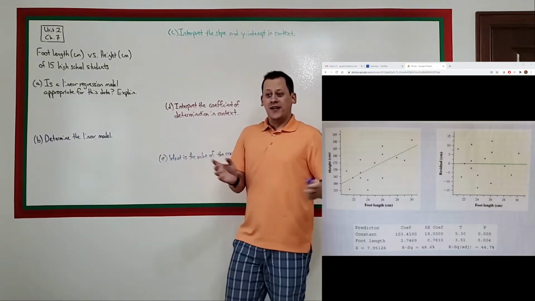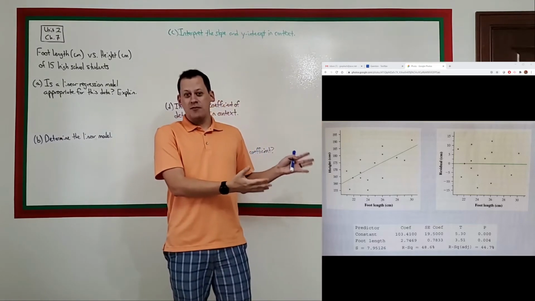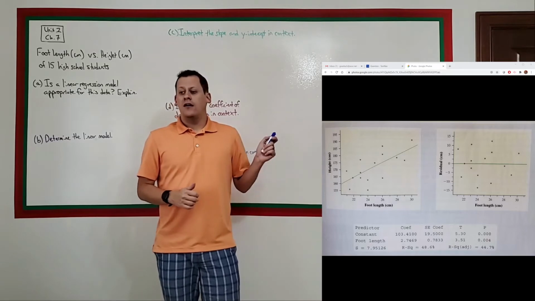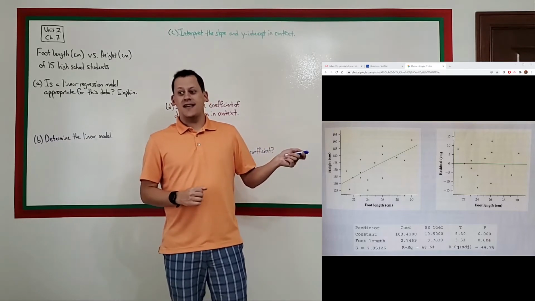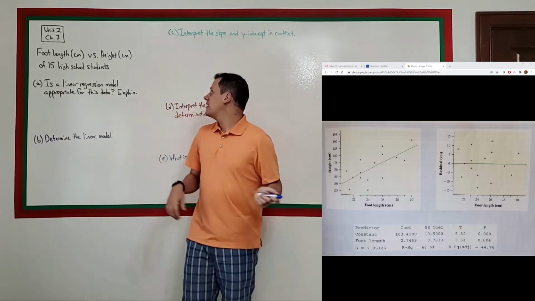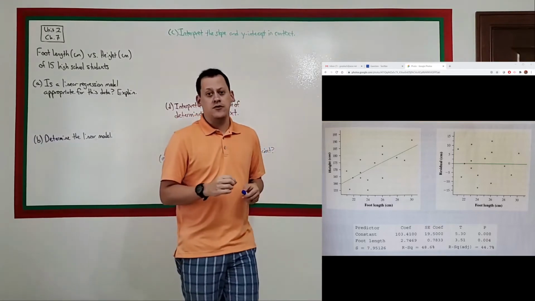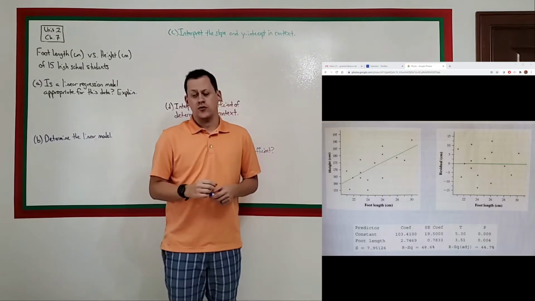I want to go through the example based on this. And what you're seeing here, right next to my hand, is a scatter plot detailing the foot length in centimeters versus height in centimeters for 15 high school students.